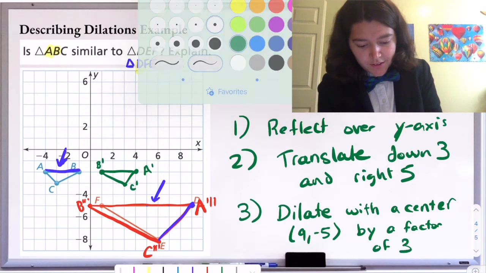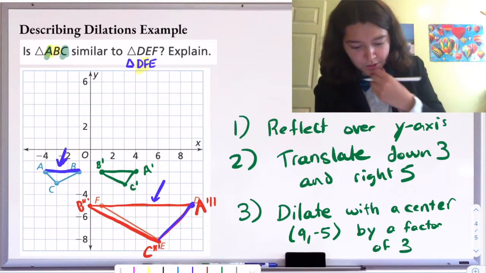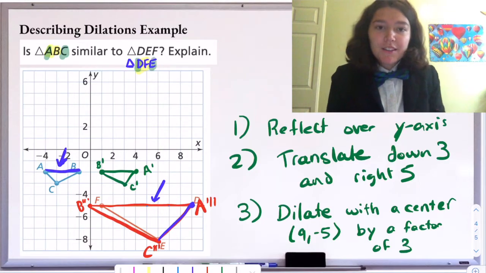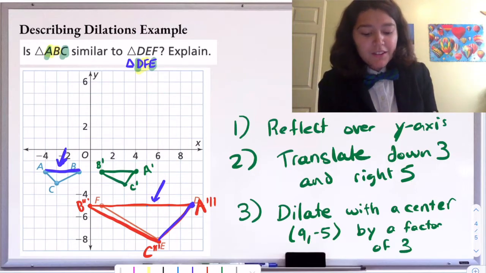And AC appears to be the shortest one, as does DE, right? So it appears that that's lining up for us. So what I did is I tried to define a sequence of transformations that maps triangle ABC to triangle DFE to see if that would work.